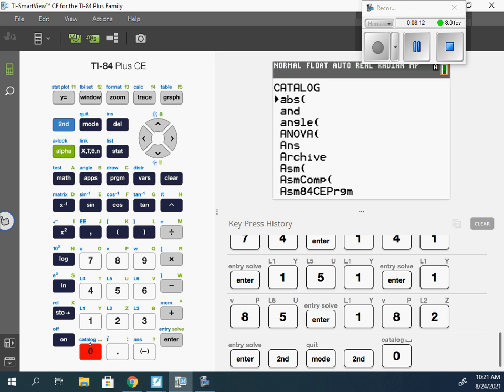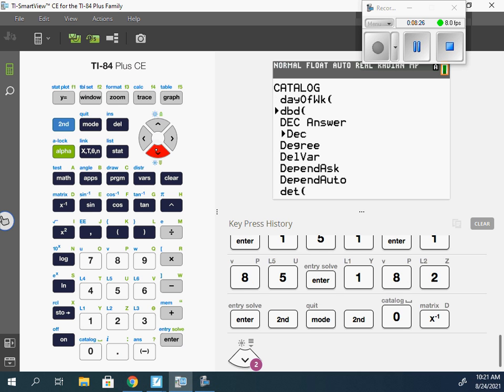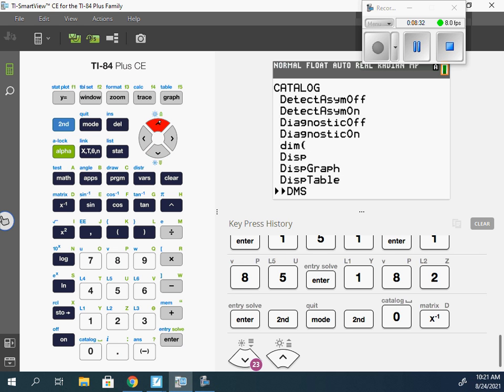But what does diagnostic start with? So make sure this button here is D. If I hit it, it pulls it all the way down to D, so I don't have to go as far. And now we just need to scroll down to diagnostic on. I went way too far.